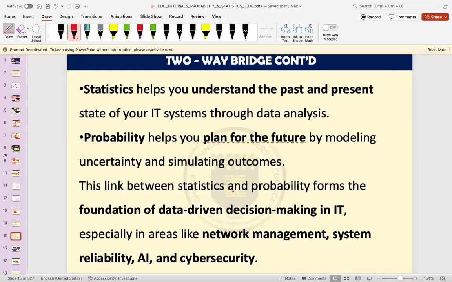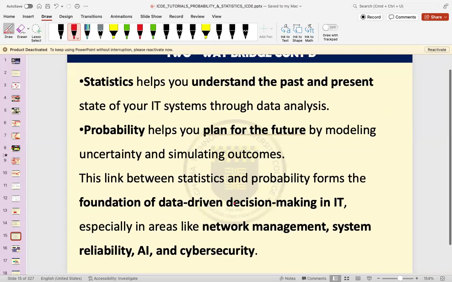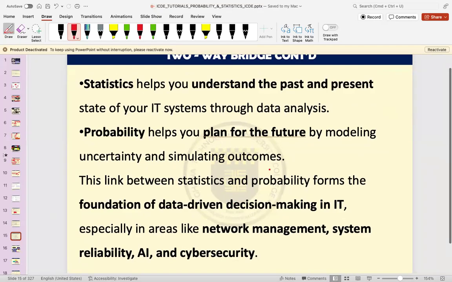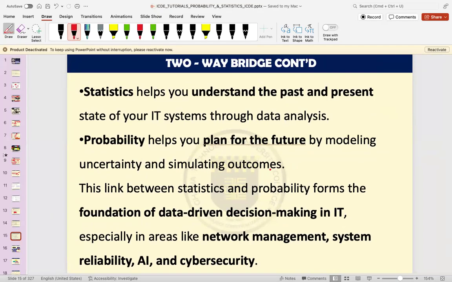Now, the two-way bridge that I talked about, this is how it works. I started by saying that statistics helps us to understand the past and the present. Okay. And then probability also helps us to plan for the future or to guess for the future.